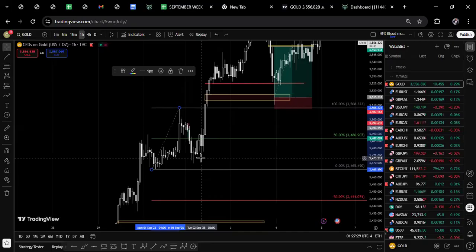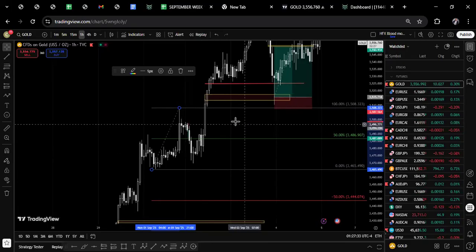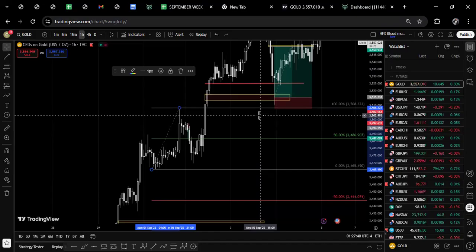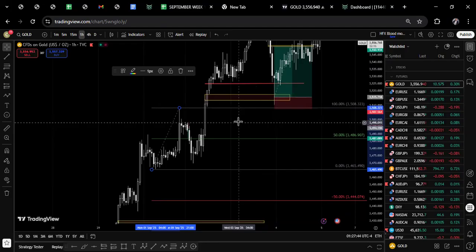If you're looking for sells, any area above the 50% is your kill zone. I call this the premium area, right? You want to sell at the premium price.